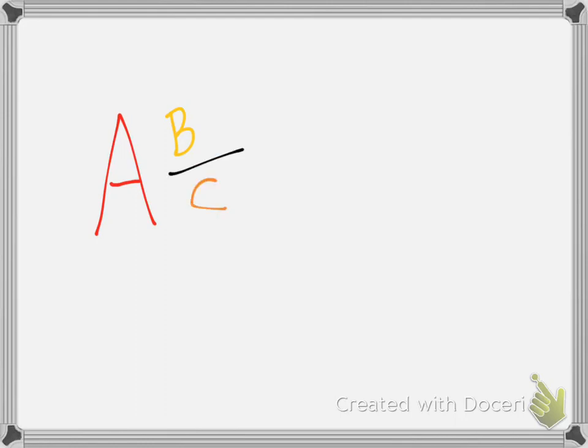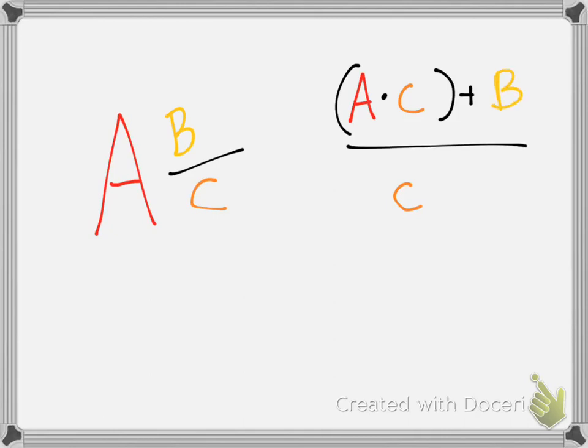If I've got A, B, and C, what it becomes at the top is A times C plus B, all over C. So that's a nice template for you.